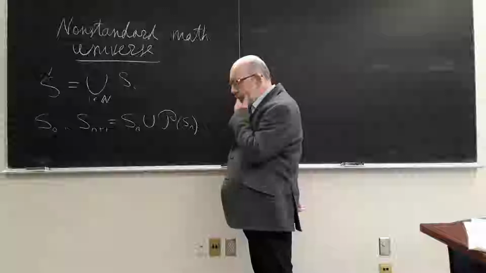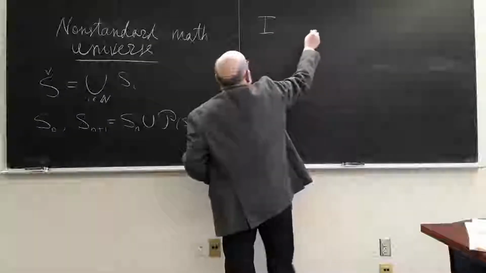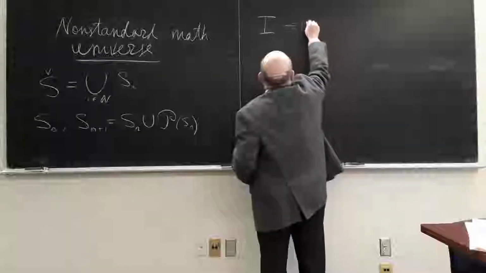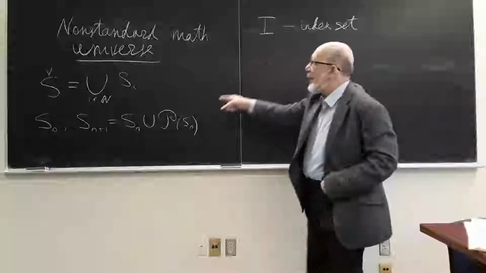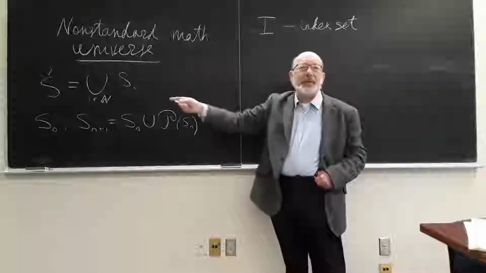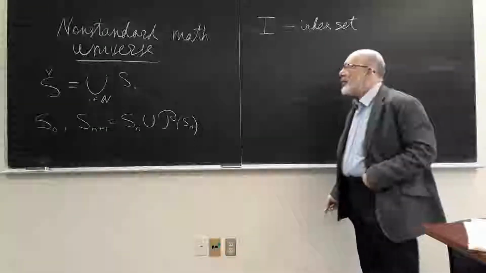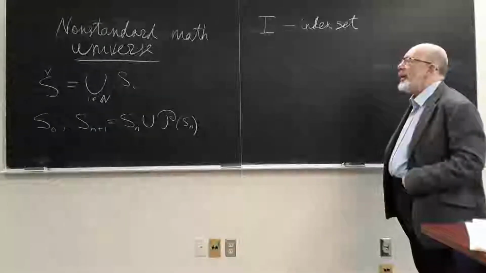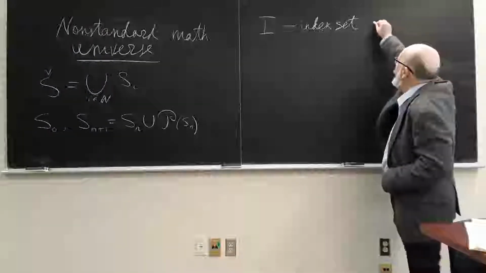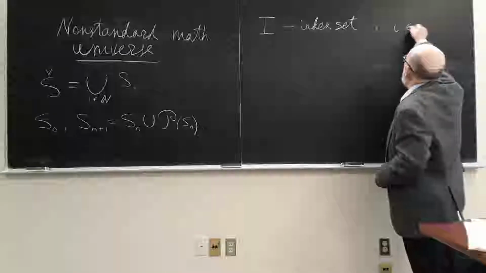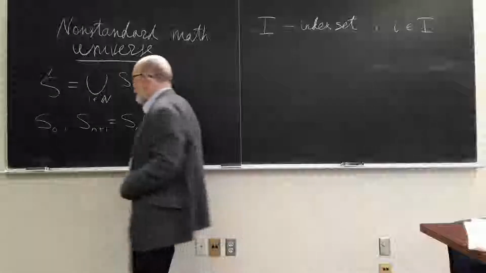Now we had a set I, which can be called the index set, which is completely unrelated to this set. So this I is not in our superstructure, and it has quite a different nature. Elements of I are denoted by small i.